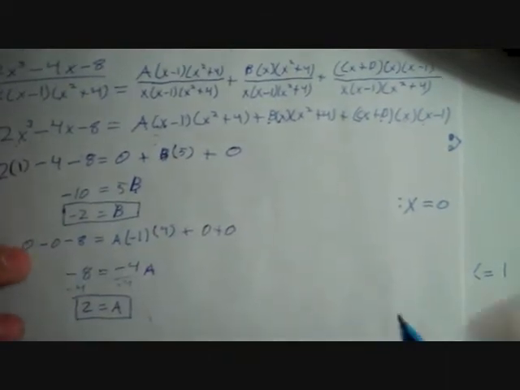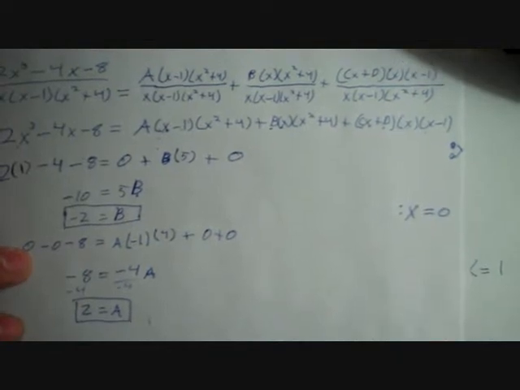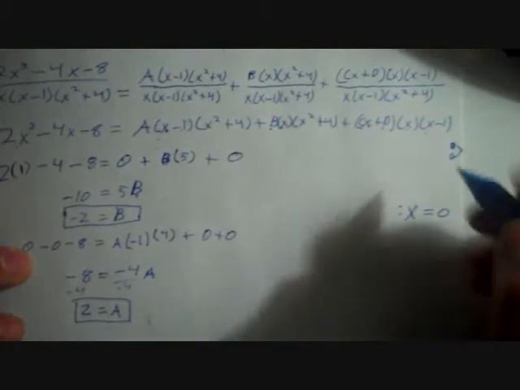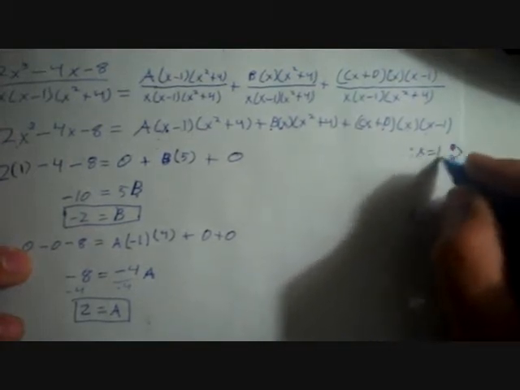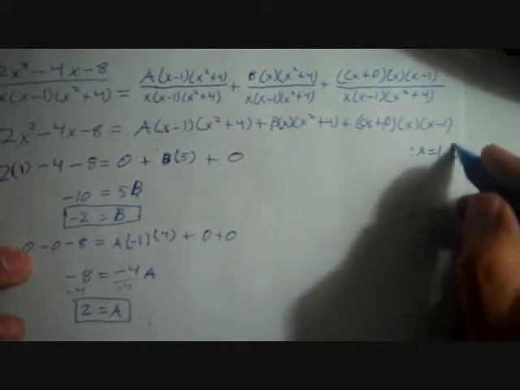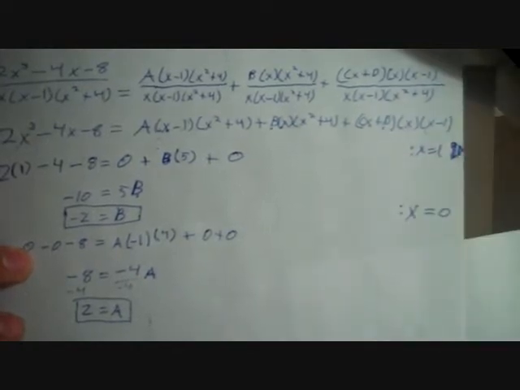So a good convenient value for x, well, let's just try x equals -1. Okay? Because the other ones we tried are x equals 1, x equals 0. So let's try x equals -1.